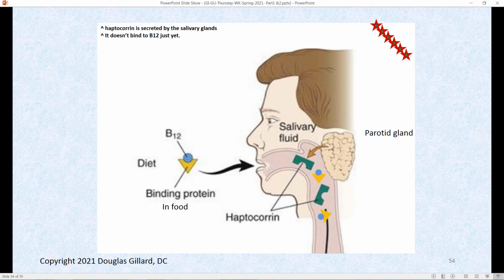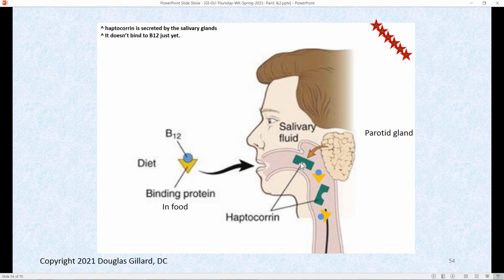Here's inside the egg. Here is vitamin B12, and it's bound to a food binding protein. You're chewing it up. You can't break it loose. You secrete haptocorrin. It wants to bind, and it's going to soon, but it can't do it yet until it gets in the stomach.